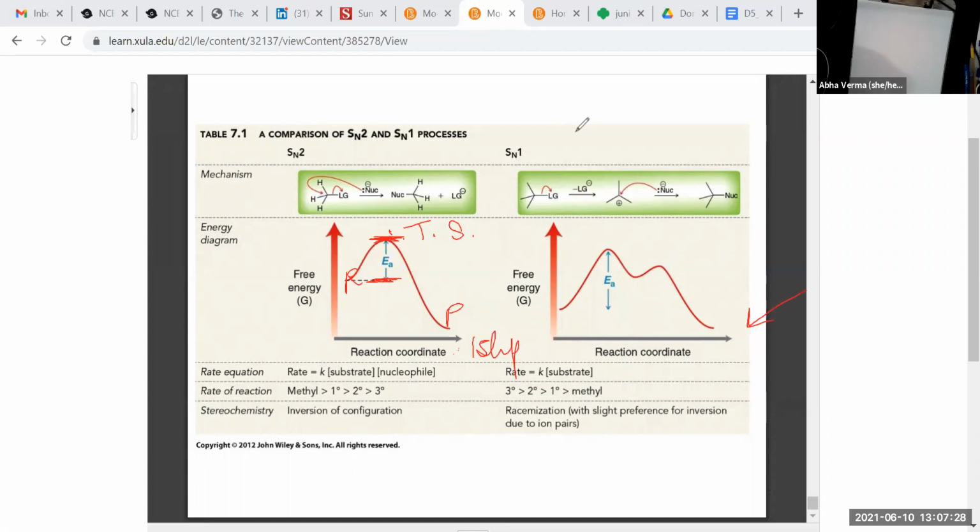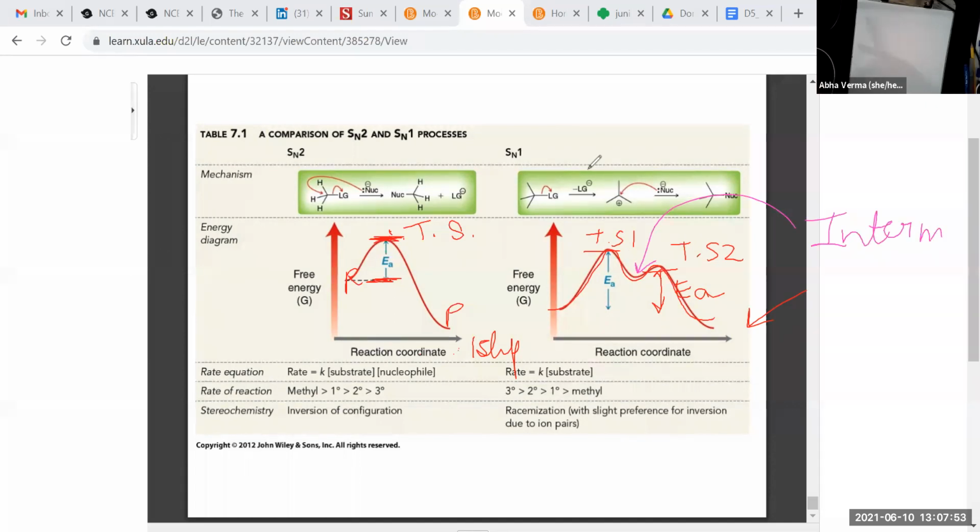However, for this energy diagram, I have two activation energies, 1 and 2. How many transition states will I have? I will have a transition state 1 and a transition state 2 here. So what is in between right here? This is the intermediate.